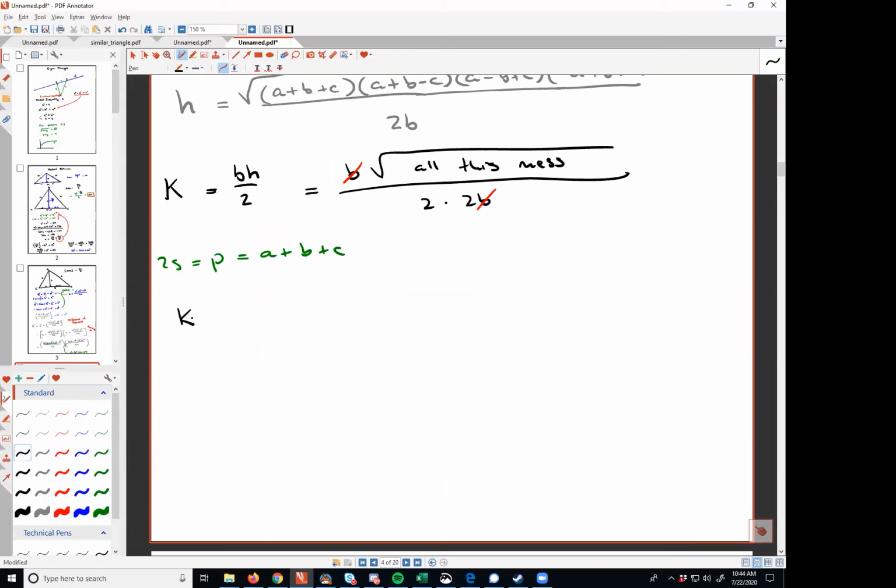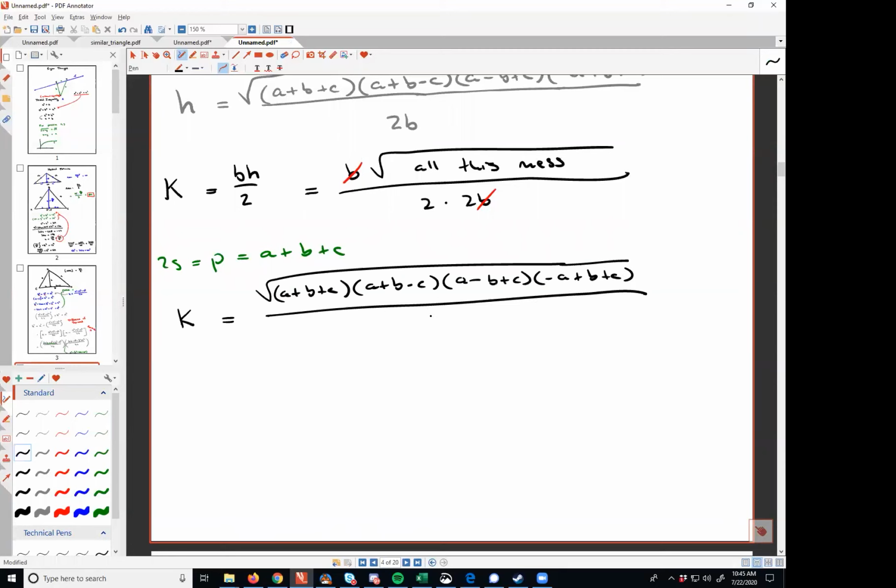So here is what we've got so far. We've got the area of the triangle equals the square root of a plus b plus c, a plus b minus c, a minus b plus c, and minus a plus b plus c, all over 4.